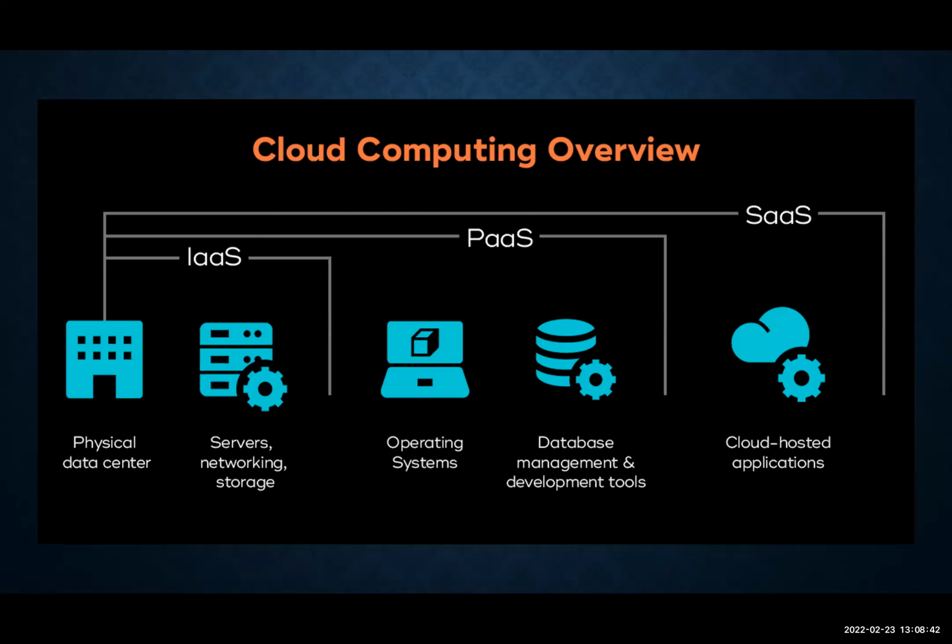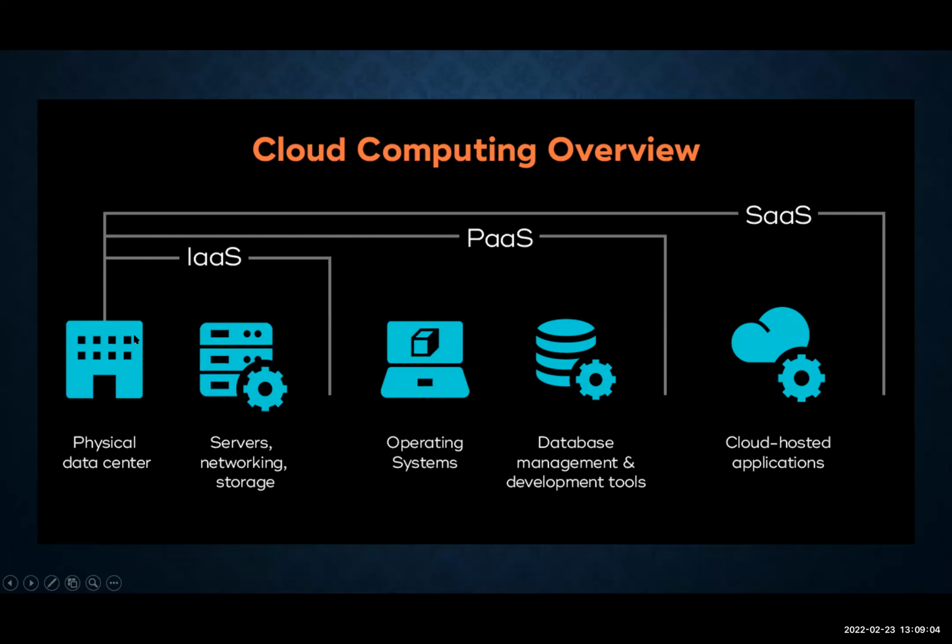Now, I mentioned this just a moment ago. I said infrastructure as a service, which is right here, platform as a service, software as a service. These are extra service offerings on top of the physical data center that each one of these CSPs makes available to us.